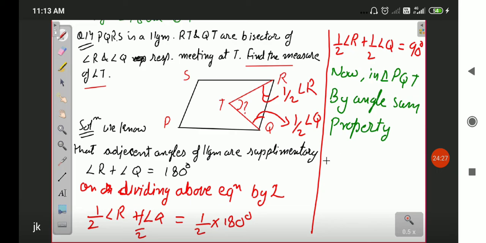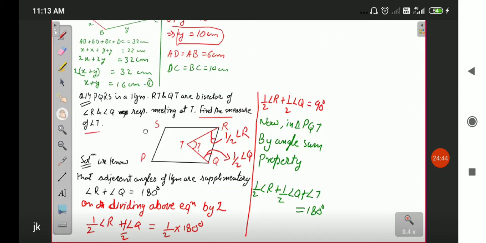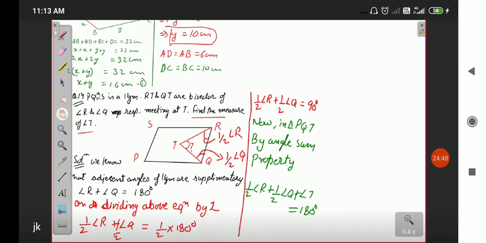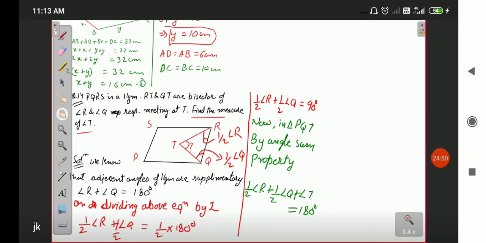The sum of all angles is half of angle R plus half of angle Q plus angle T. Their sum will be 180 degrees.